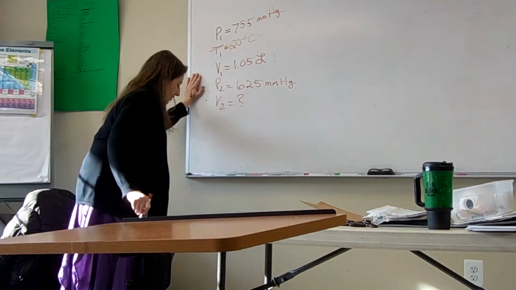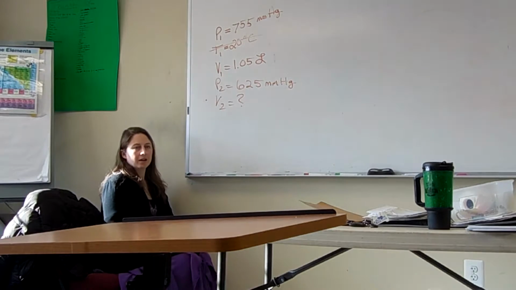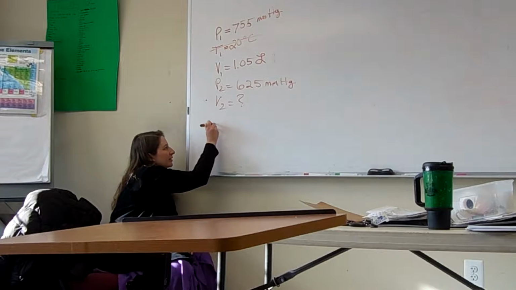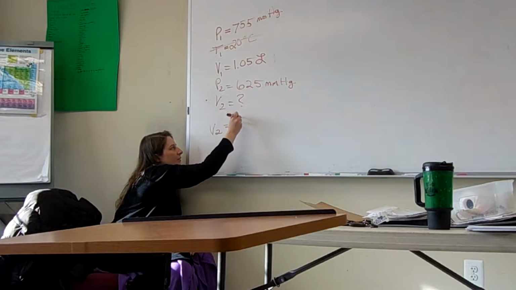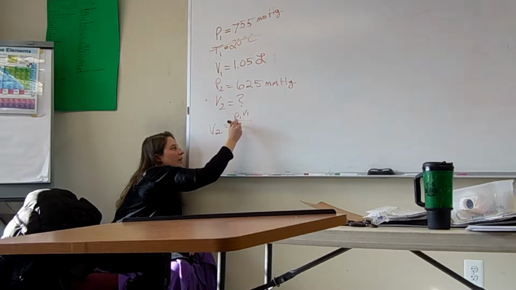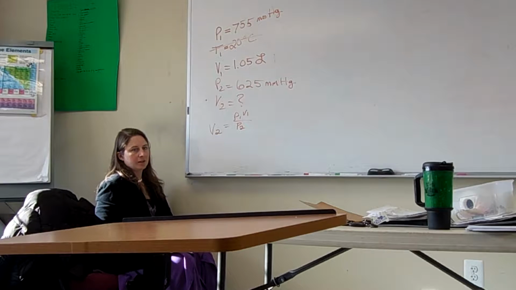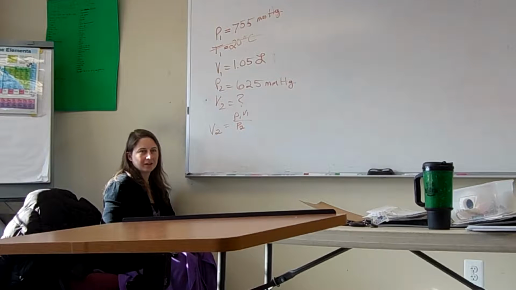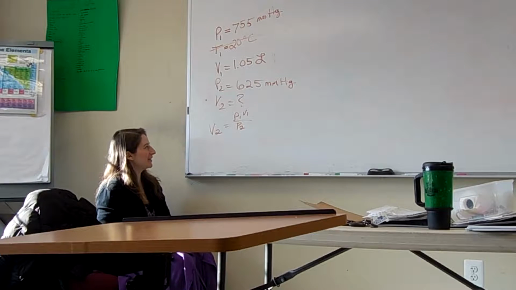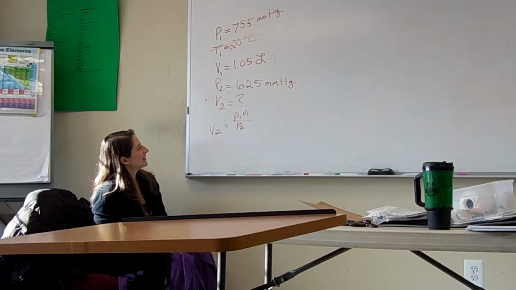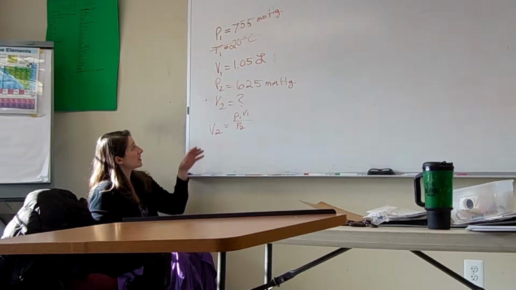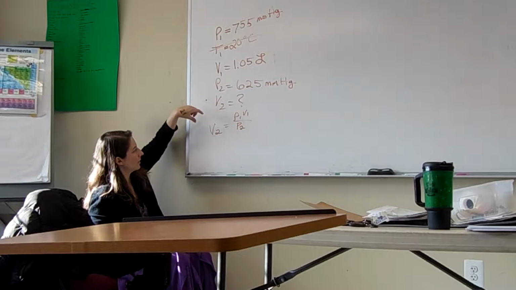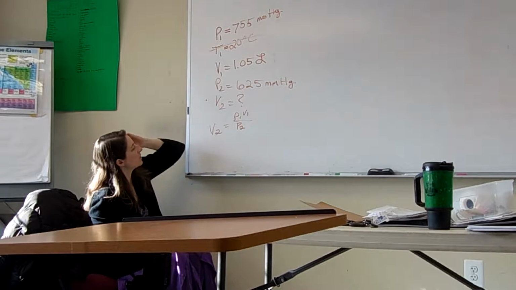So what equation would we use? V2 equals P1 times V1 over P2. Okay. And what is that really? This is Boyle's law. Constant temperature, P1 V1 equals P2 V2 is Boyle's law.